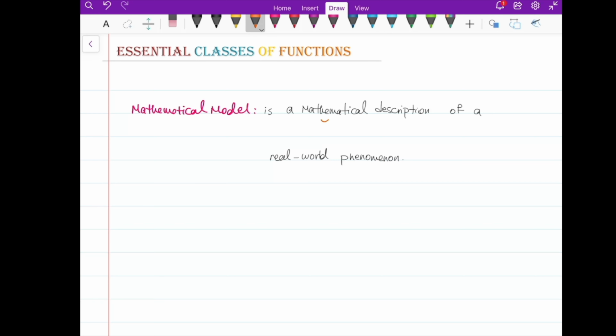Well, mathematical descriptions are like what? They are like equations or functions.